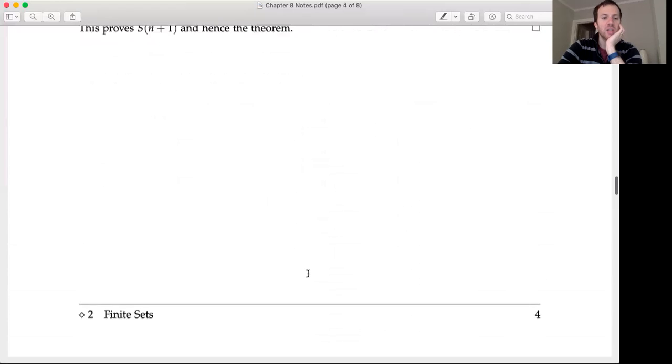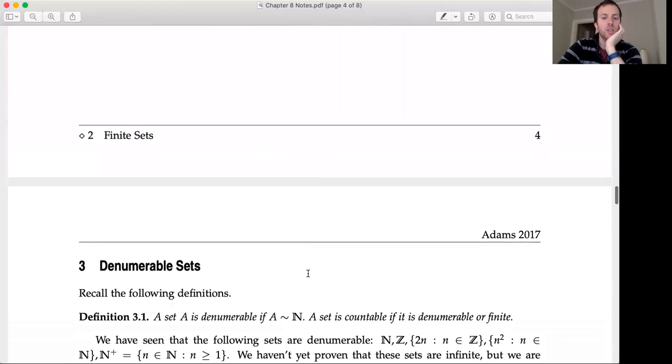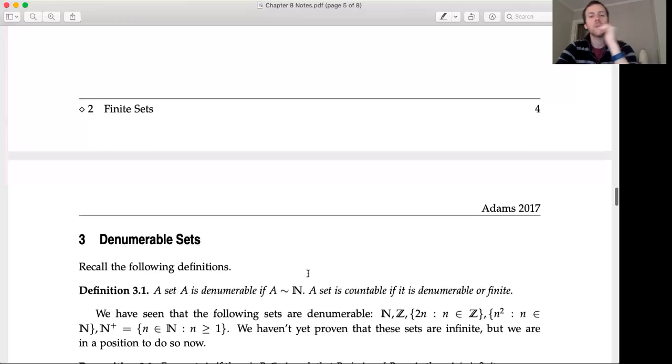But where things get more complicated is if you want to talk about infinite sets. So we said that a set is denumerable if it is equinumerous to N. So if you're the same size as N, we call you denumerable.